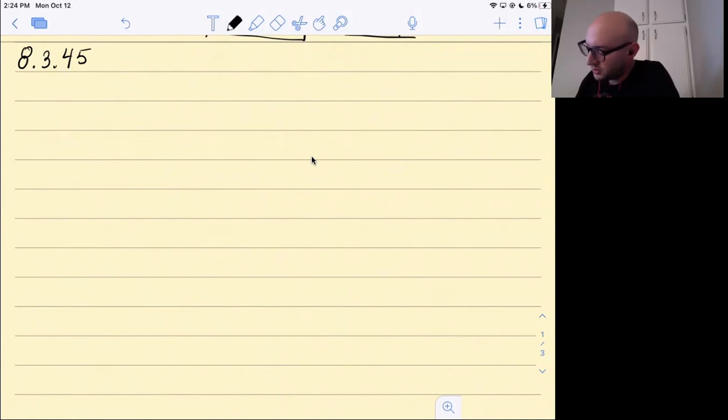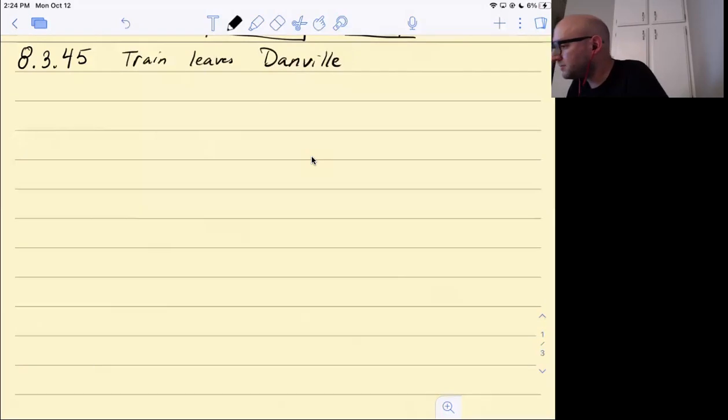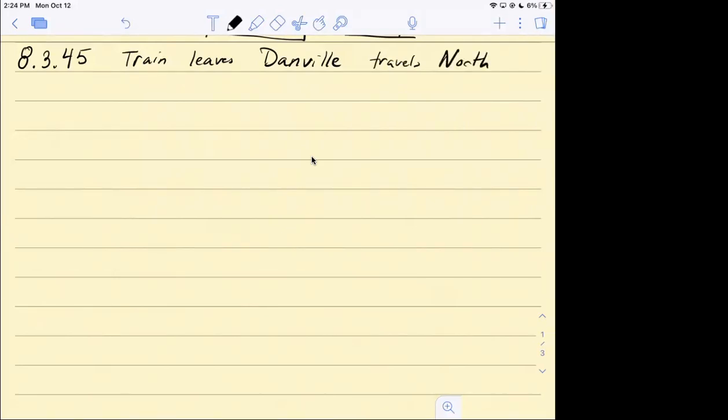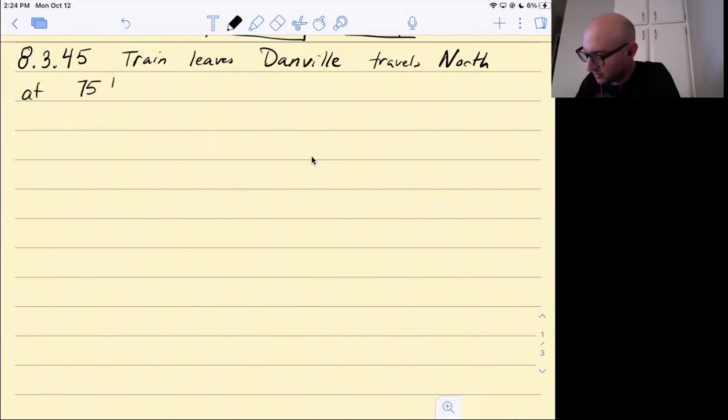So the train leaves my favorite city, Danville, and travels north at 75 kilometers per hour. And then 2 hours later, I believe we might have done this once.